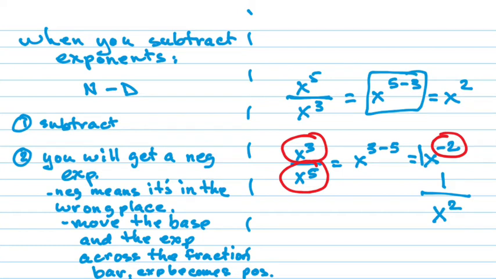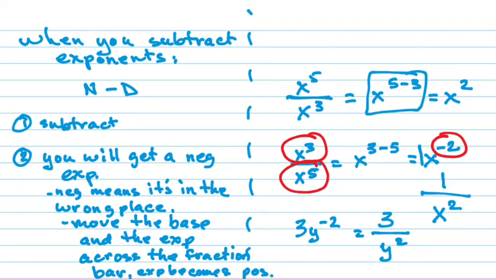Now, if you had another number there, then that number would stay there. So let's say you had 3y to the negative second. Which thing is in the wrong space? The 3? No. Which thing? The y to the second. It shouldn't be in the top. It should be in the bottom. And so that means my 3 is going to stay in the top. It didn't have a negative exponent, so it doesn't move.